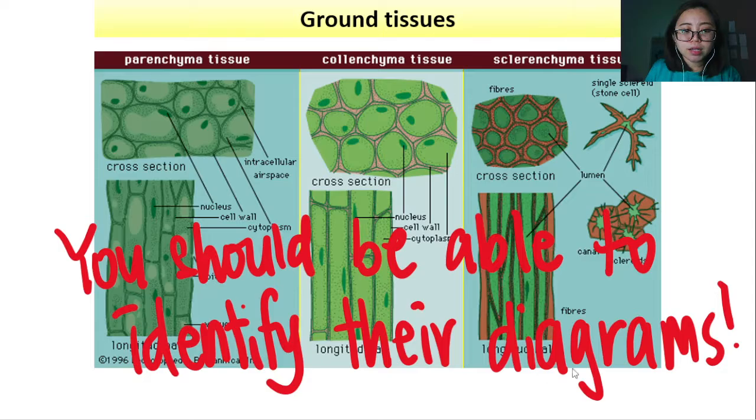Remember this table. Try to look at this table again. You should be able to identify their diagrams. You should also try to remember their characteristics. Saya cuba ingat dari segi parent colon scleren, PCS, dan saya tahu saya sedang hafal dari yang paling lembut kepada yang sedang-sedang kepada yang paling keras.